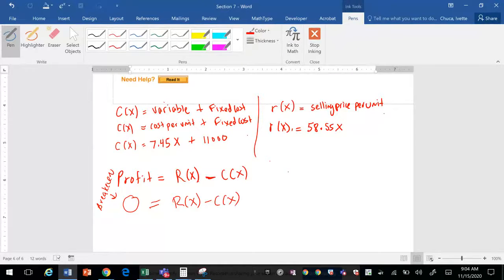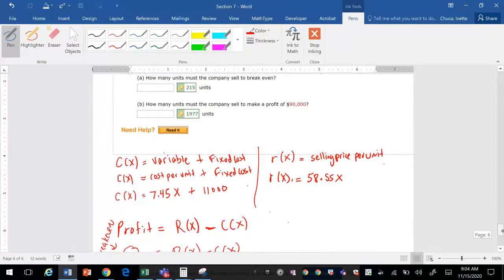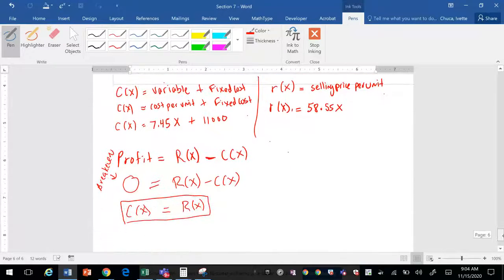Now notice I can bring my cost to this side. To break even just means that your cost is going to be the same as your revenue. We can use that information to solve this problem. It says how many units must the company sell to break even?